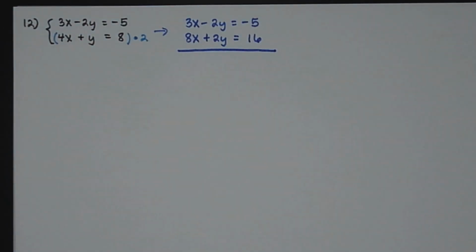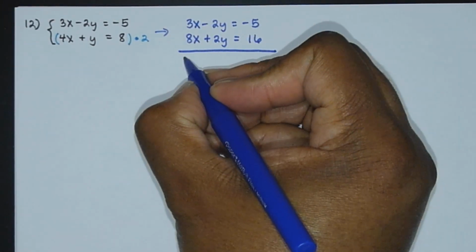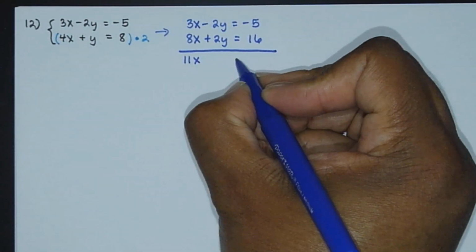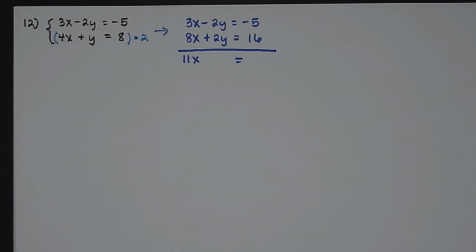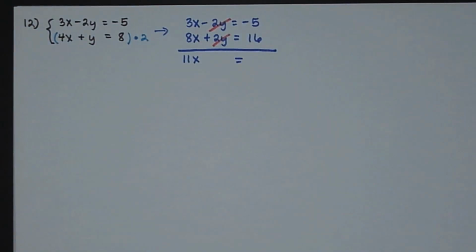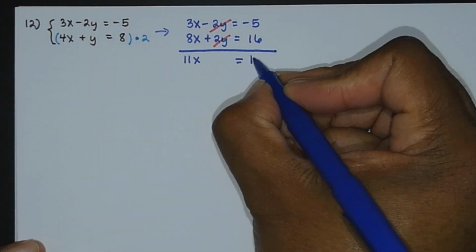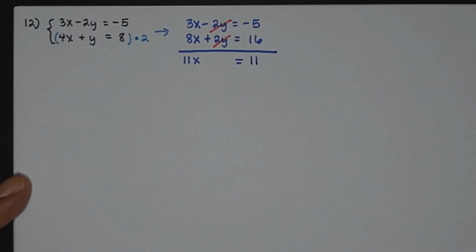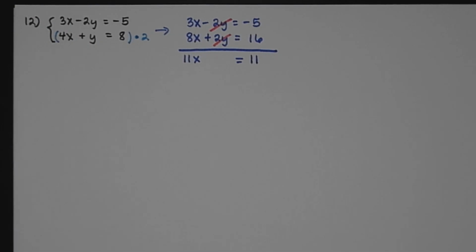And then we'll add these two equations together. Okay? So if I add 3x and 8x, I'm going to get 11x. The minus 2y and the plus 2y are gone. Negative 5 plus 16 is 11. So I have 11x equals 11.